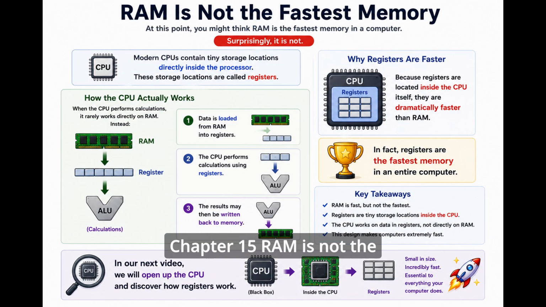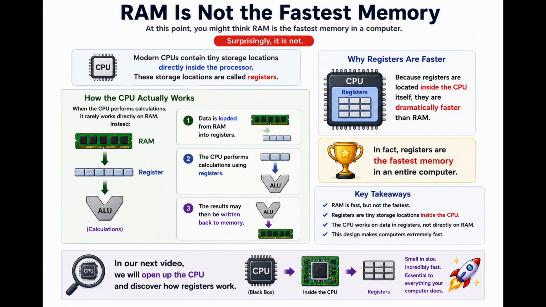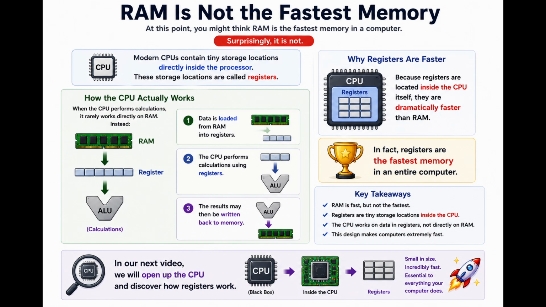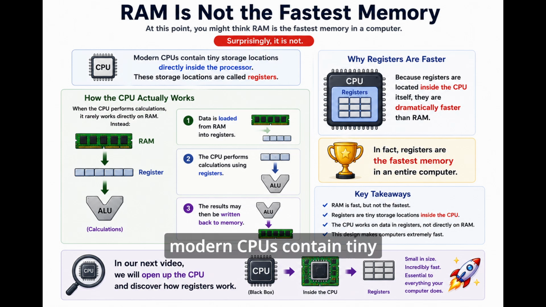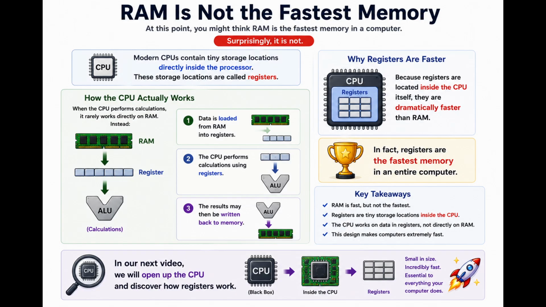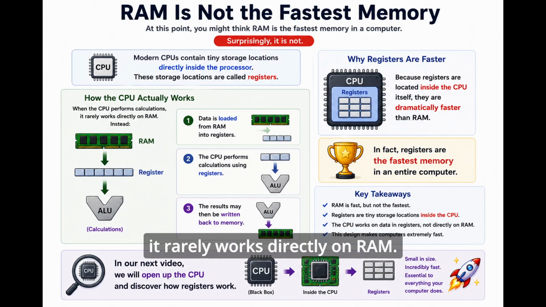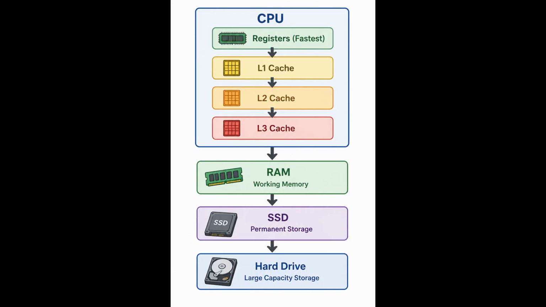Chapter 15 RAM is not the fastest memory at this point. You might think RAM is the fastest memory in a computer. Surprisingly, it is not. Modern CPUs contain tiny storage locations directly inside the processor. These storage locations are called registers. When the CPU performs calculations, it rarely works directly on RAM.